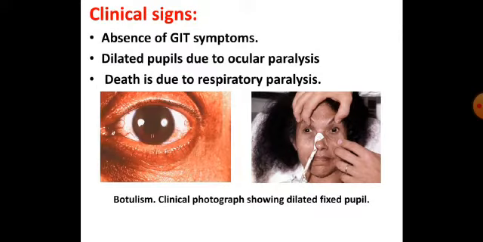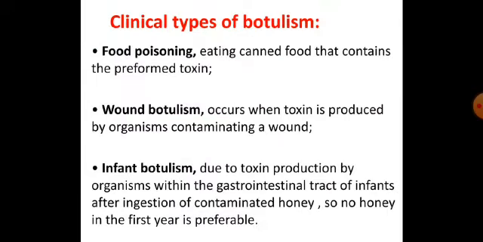Clinical signs: the most important clinical sign is dilated pupils due to ocular muscle paralysis. The death is usually due to respiratory muscle paralysis. Clinical types of botulism: either food poisoning due to eating canned food contaminated with the spores, or when these spores enter inside a wound, causing wound botulism.